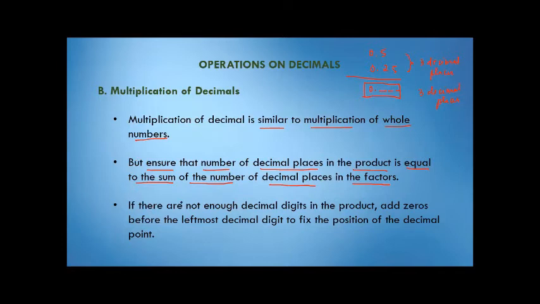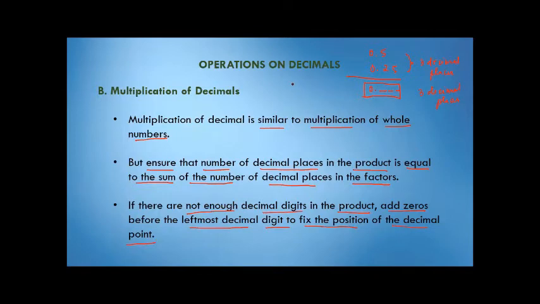Now, bullet number 3 is, if there are not enough decimal digits in the product, add zeros before the leftmost decimal digit to fix the position of the decimal point. So, ganito naman yung ibig sabihin nun, class.